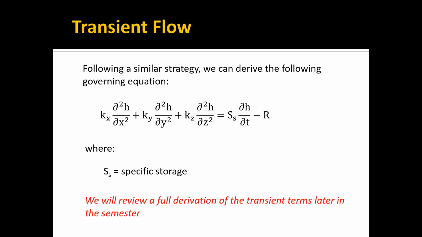Later in the semester, we're going to revisit this and go through the derivation of that term. So don't worry about it for now. For the time being, we're only going to look at steady state models, but down the road, we're going to take a look at that.